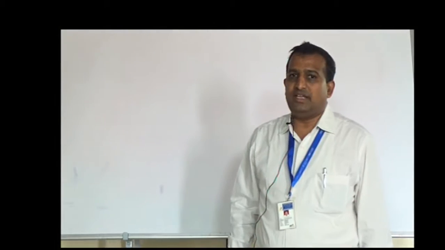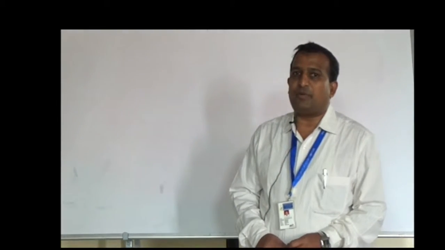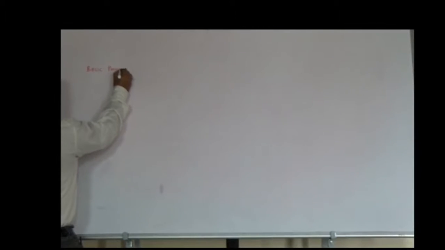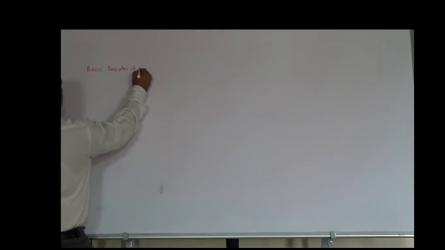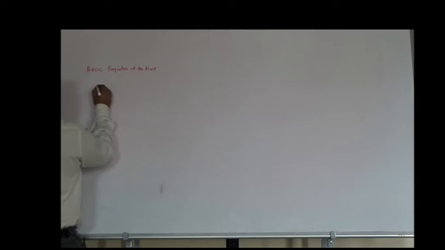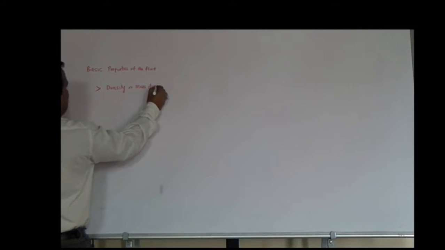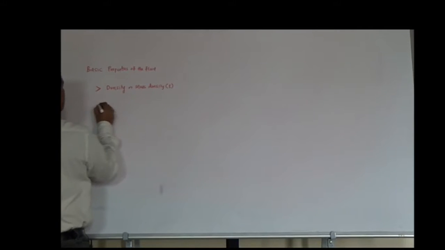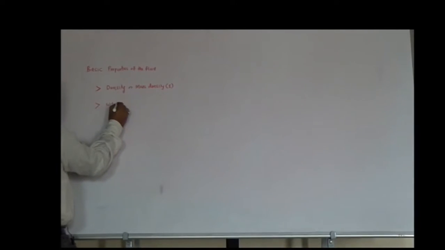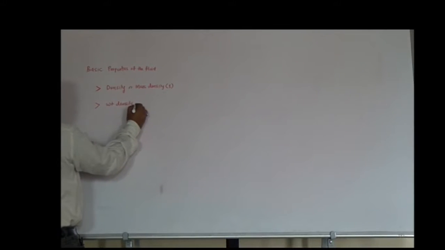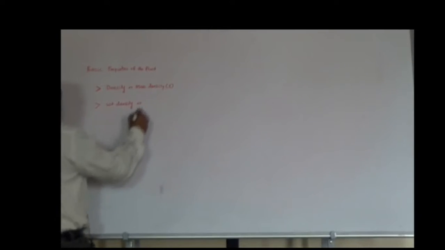What are the basic properties of fluid? There are four basic properties. The first is density or mass density, that is rho. The second one is weight density or specific weight.